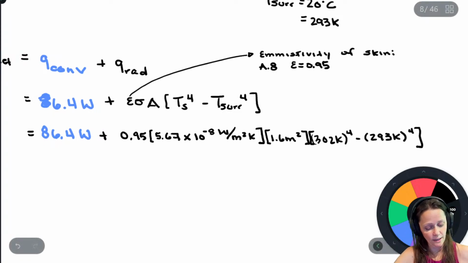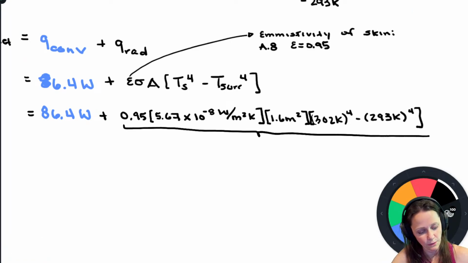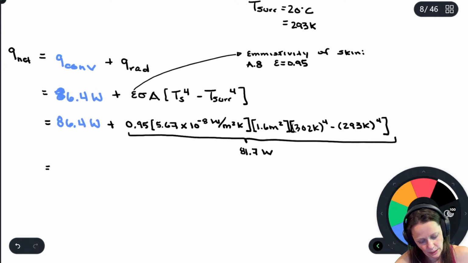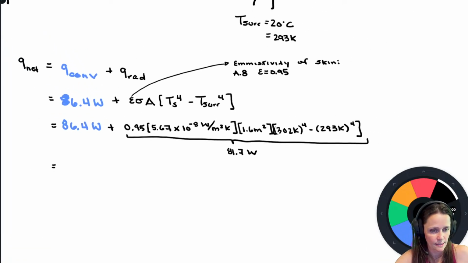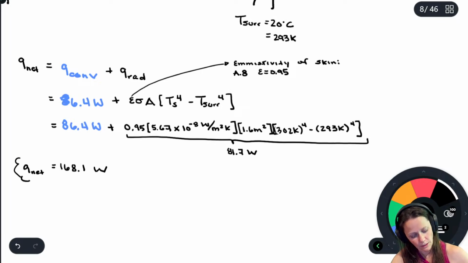And so what we get, this guy right here, if we do the math, hopefully correctly, we end up getting 81.7 watts. So this whole thing, Q net, ends up being 168.1 watts. That's our Q net or Q total or whatever you want to say.